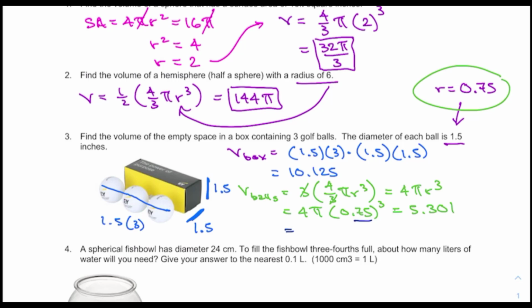And so the volume of the empty space, as we had mentioned, was going to be the volume of the box minus volume of 3 of the golf balls, and that's going to be just equal to, I will take this number right here and this number right here, and I will simply subtract them. And I'm going to get 4.